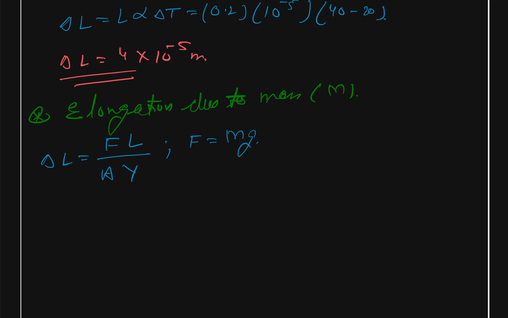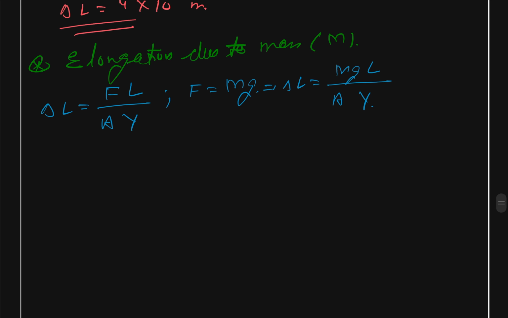So we substitute them: delta L is equal to mg times L over A multiplied by Y. Here g is 10, the original length is 0.2, the area is pi 10 to the power minus 6, and Young's modulus is 10 to the power 11.